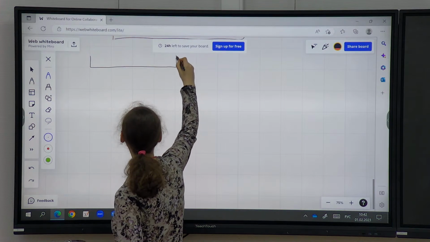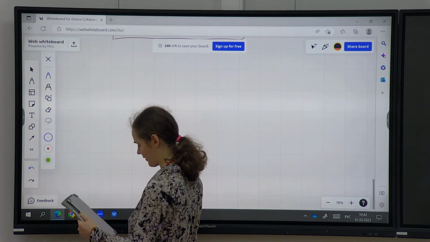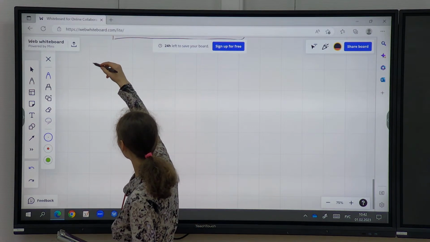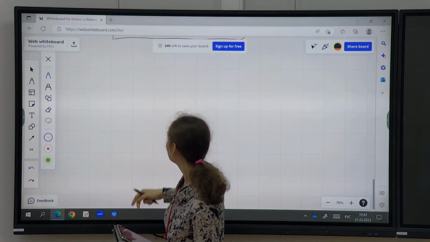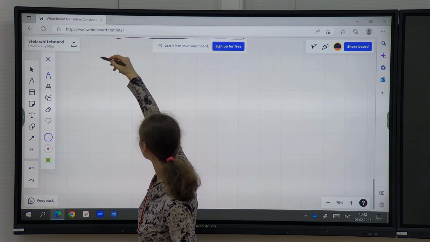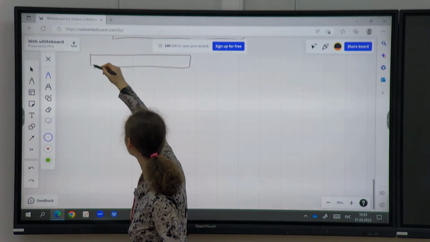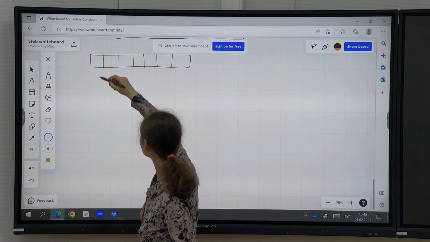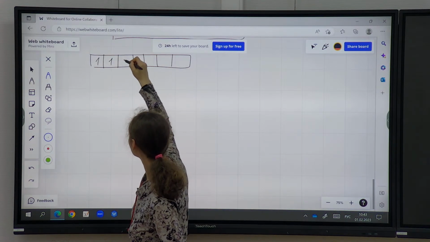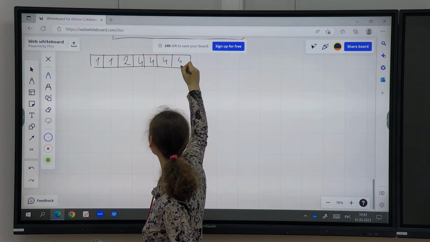Okay, let's start not with Young tableaus, but with the rows. Let me draw one row of this tableau. 1, 1, 2, 4, 4, 4.